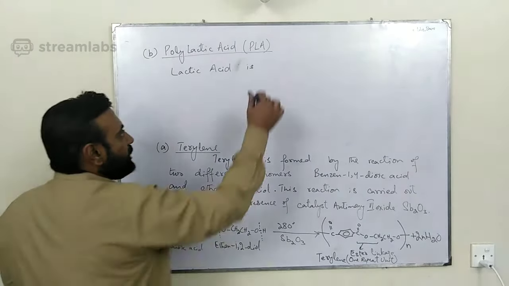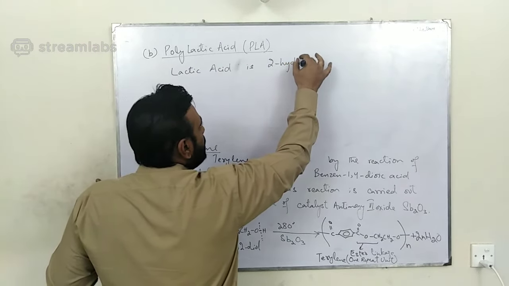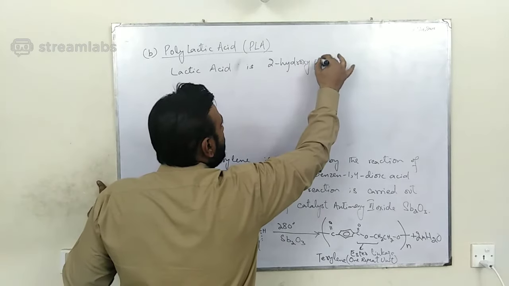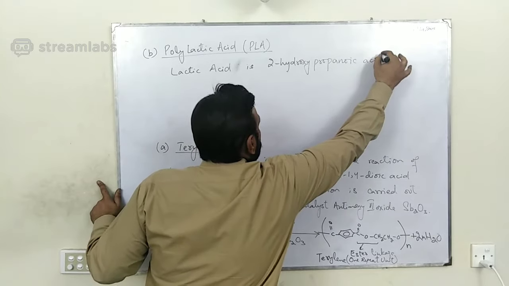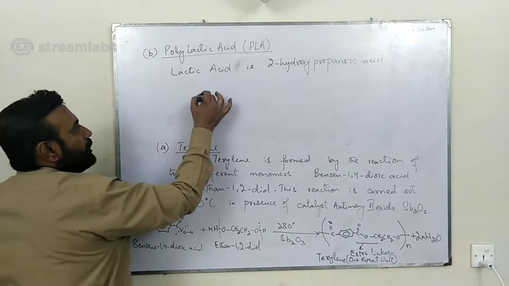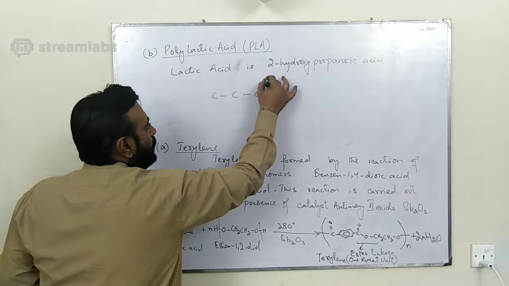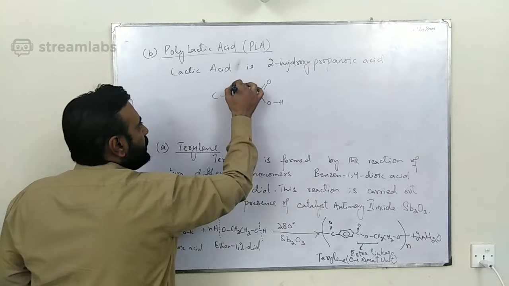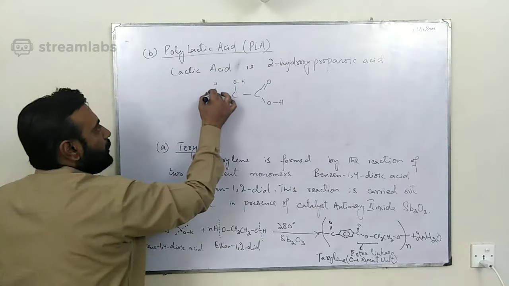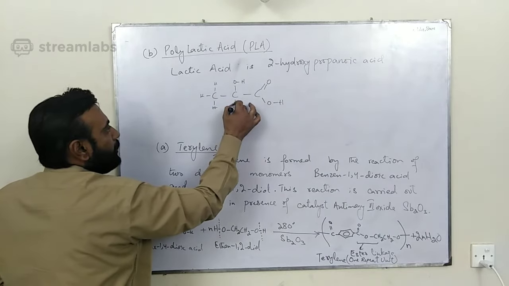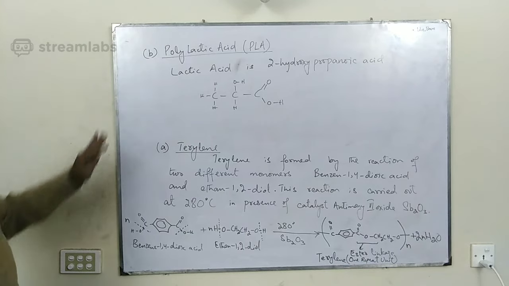The chemical name of that acid is 2-hydroxypropanoic acid. That means the displayed formula of lactic acid is like this. This is the structure, this is the displayed formula of lactic acid.